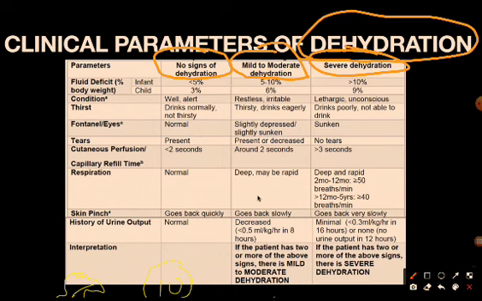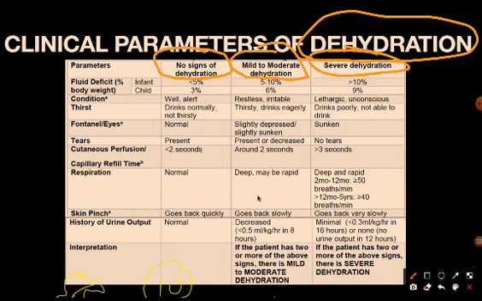For no signs of dehydration, the fluid deficit in terms of percentage is less than 5% for infants, 3% for child. Then for mild to moderate dehydration, that would be 5 to 10% for infants, 6% for children. Then for severe dehydration, more than 10%, or that would be equivalent to 9% for children.